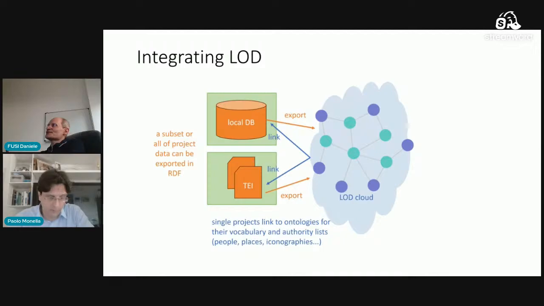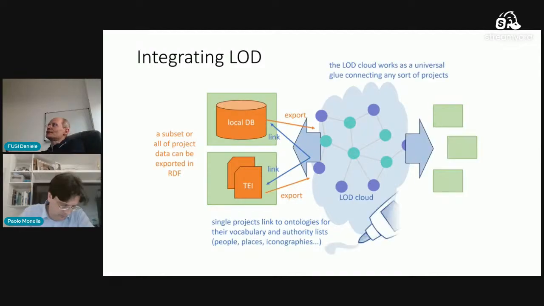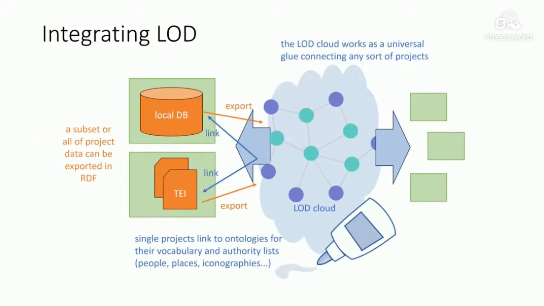In both cases, LOD works as a universal glue, which connects all sorts of projects together. Integration and long-term preservation here are key values of LOD. And that's why every project should consider it, even without having to directly generate triples. So enough theory, we can now play with this, and I lend the floor to Paolo.